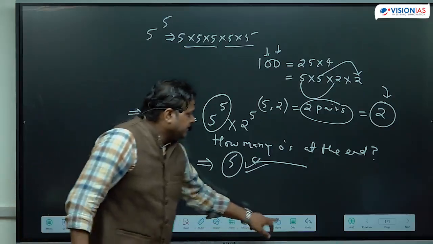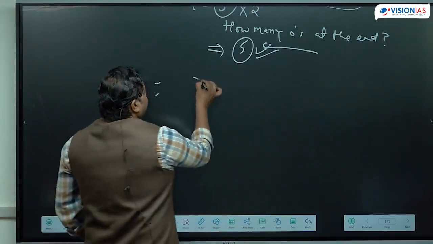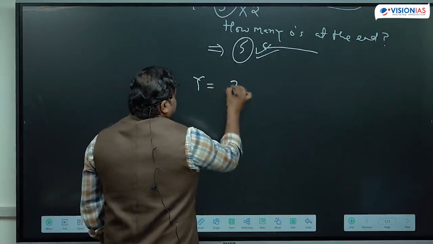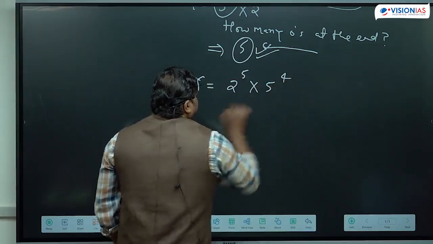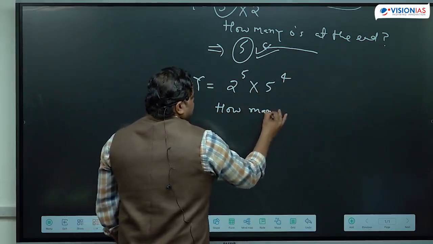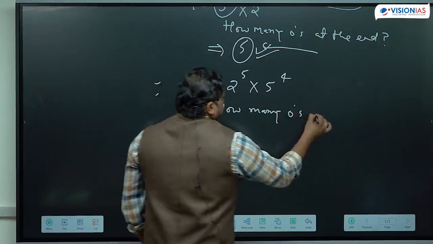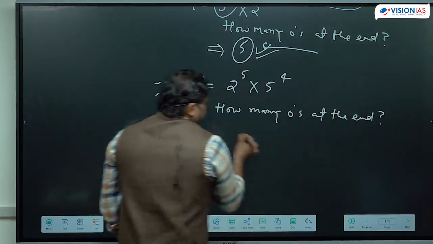If I write another question, y is equal to 2 के पावर 5 into 5 के पावर 4, how many zeros are there at the end? So how many zeros?